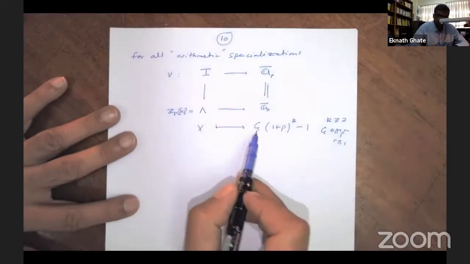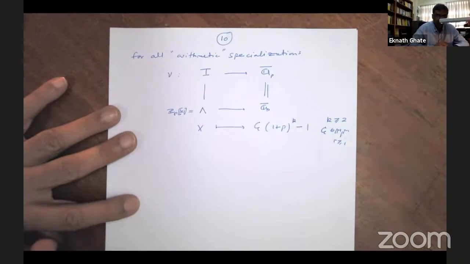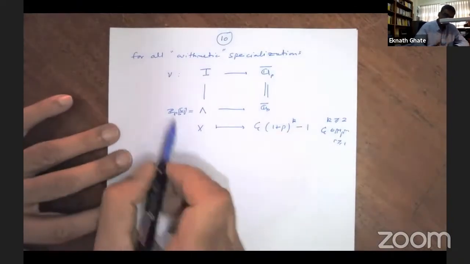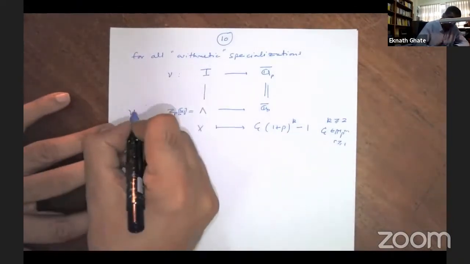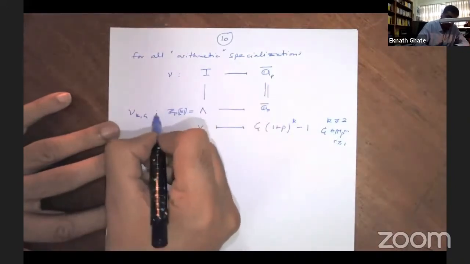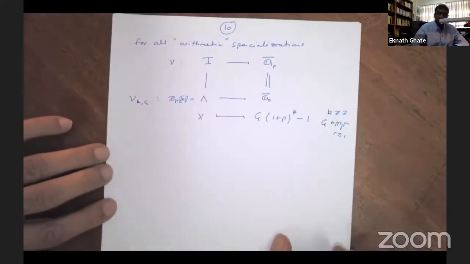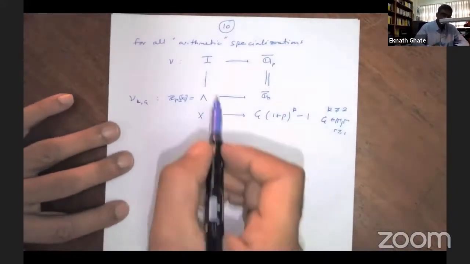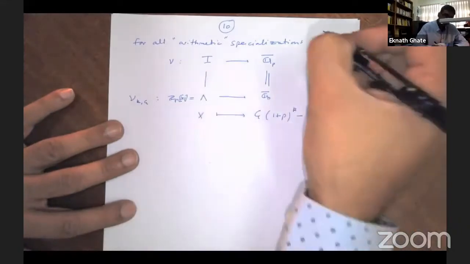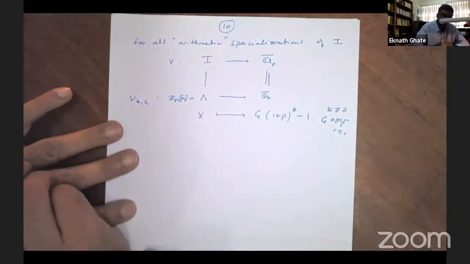But it won't lie in ZP anymore, it'll lie in a finite extension of ZP, and so therefore we write Q_p bar here. Okay, so such that for all arithmetic specializations, these homomorphisms which restrict on lambda to these very special homomorphisms, these are called arithmetic specializations of I, specializing the variable x basically.